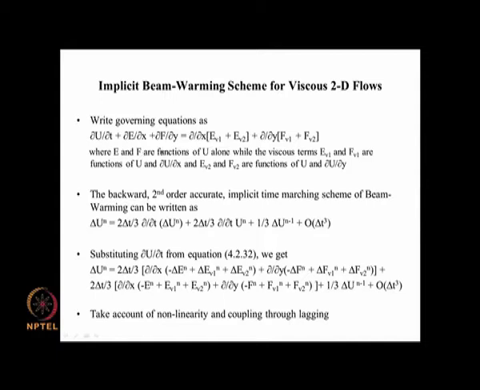E and F are functions of u alone, and we have seen that ∂E/∂u is A and ∂F/∂u is B. But EV1 and FV1 are functions of u and ∂u/∂x, and EV2 and FV2 are functions of u and ∂u/∂y. So, these are viscous terms, and you have a second derivative.